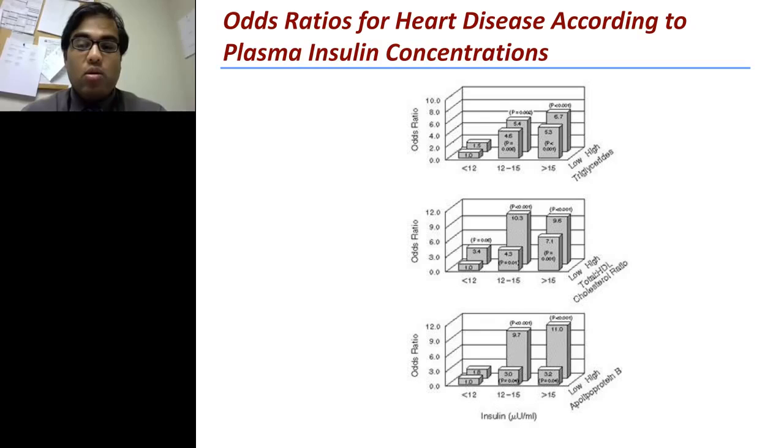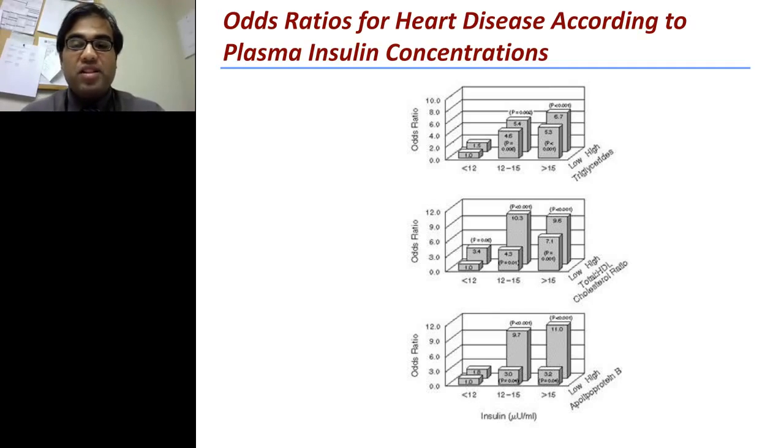So what I want to mention here is that the x-axis is completely related to the insulin levels, and those are split up into 3 levels. And then the covariates here are known cardiovascular risk factors, at least at the time and probably still today, various measures of cholesterol, and also various measures of remnant lipoproteins or remnant cholesterol, which probably have a physiological significance as it relates to damage to the cardiovascular system.